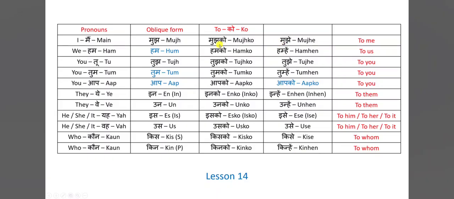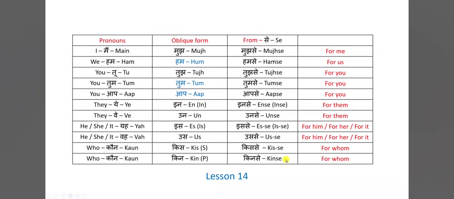This is a version of this, a version of this, and so on. I had explained this in lesson number 14. Now, we will be using these in this video. Along with this, we need this table too. This is also from lesson number 14.